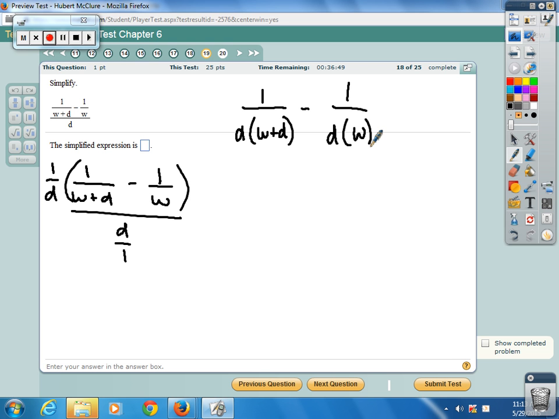Now, what's the common denominator of these two? DW, D plus, W plus D? What's missing here?